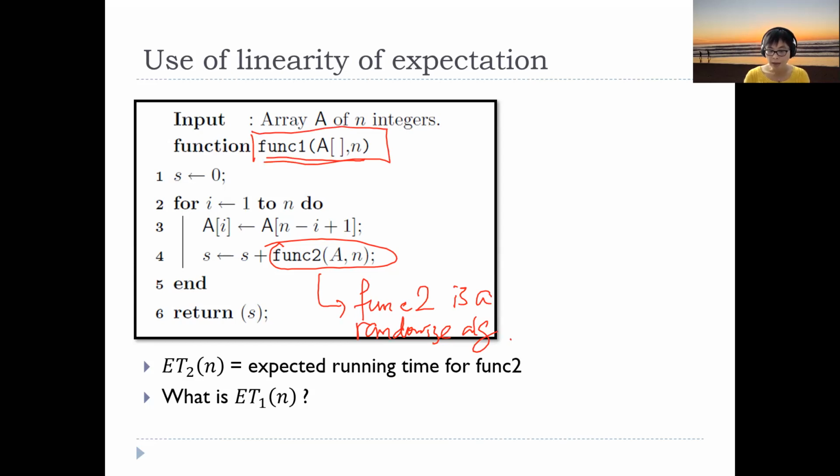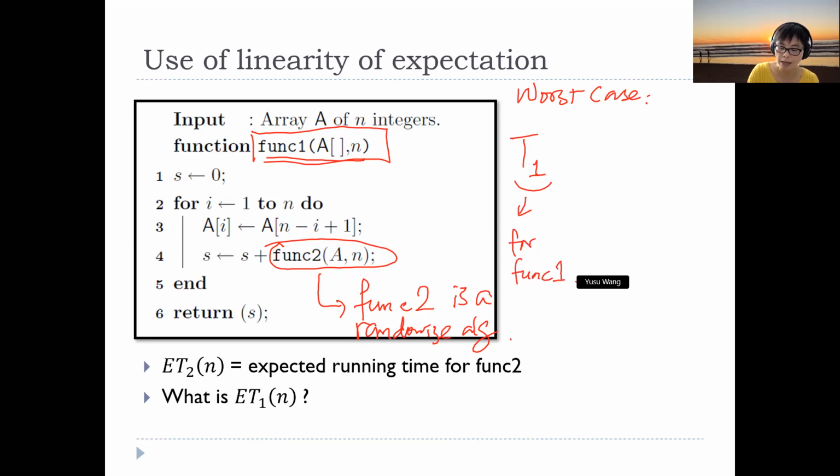So how do I compute the time for A? Well, before we go to the expected running time, if we look at the worst case time, I hope it's not too hard to convince ourselves that the worst case time is for function 1, because inside I have to perform line 4 n times.